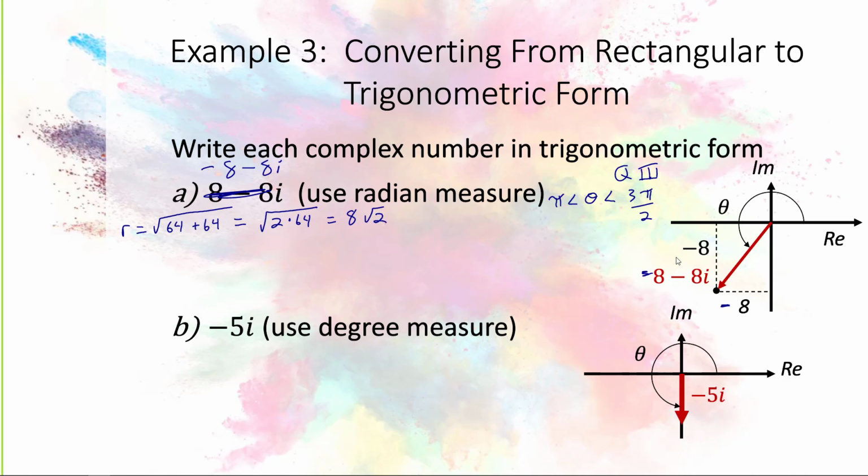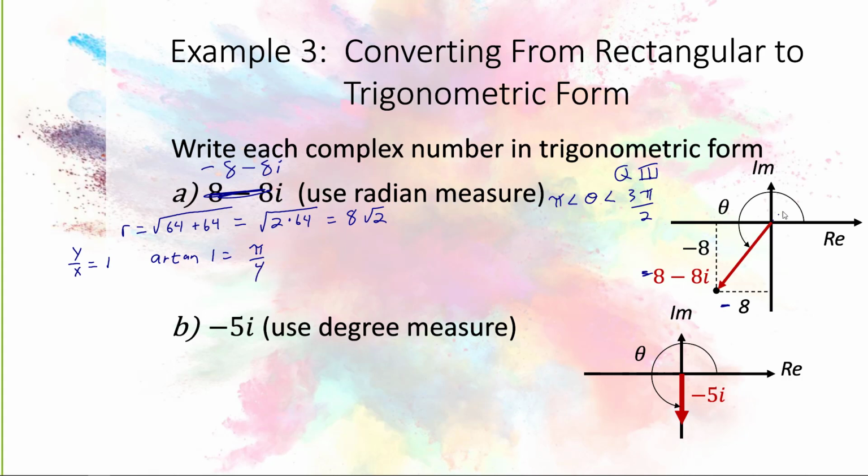Okay, now what about theta? Well, we know that y over x in this case is going to be equal to 1. Okay? Then the arctangent of 1 is going to give you pi over 4.